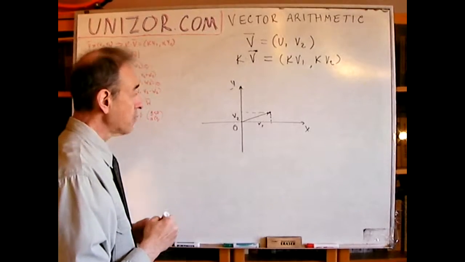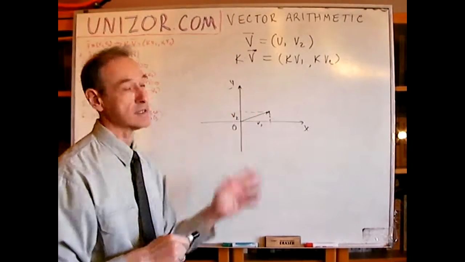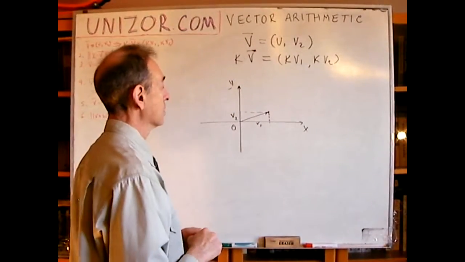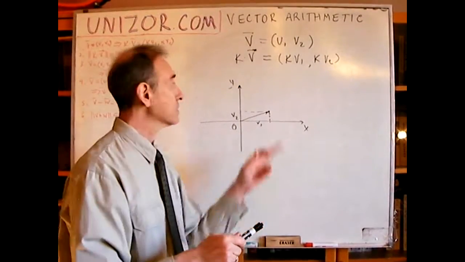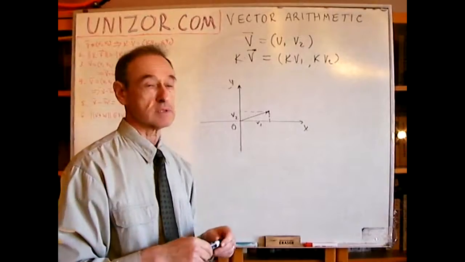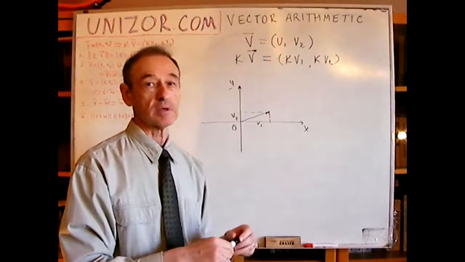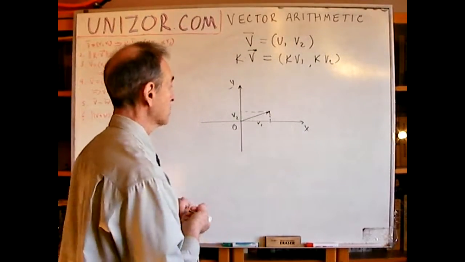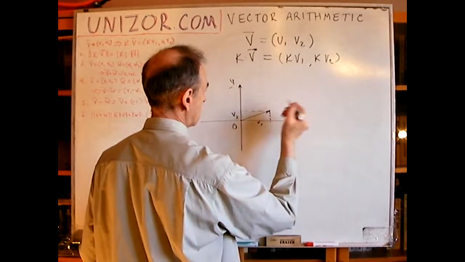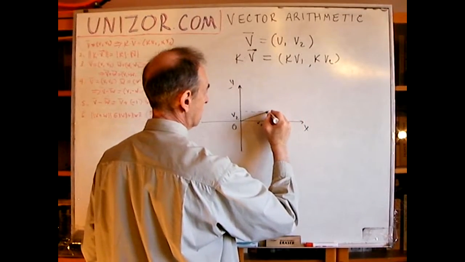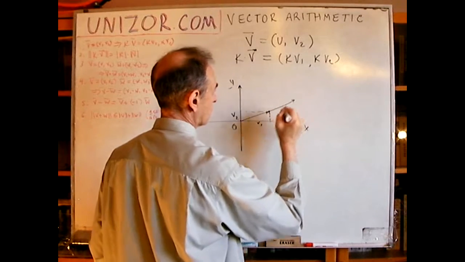Now, if I multiply by, let's say in this case, a positive constant first, what happens? Well, the direction of the result of the multiplication by the constant is the same, but the length is increased by that particular number. So let's say k is something like 2, for instance. It doesn't really matter. So this line goes twice as long.